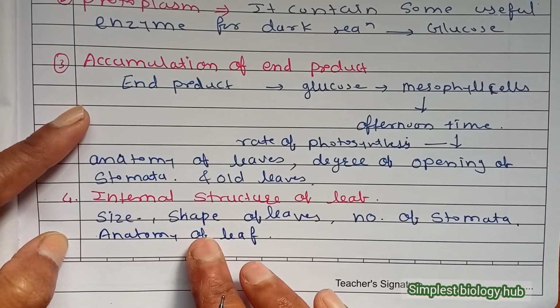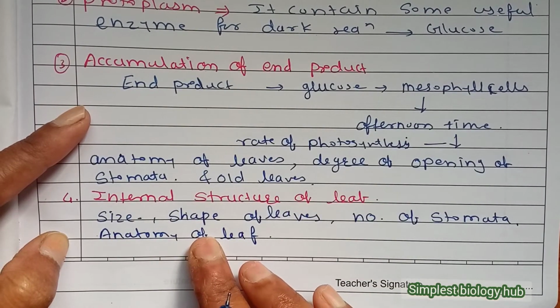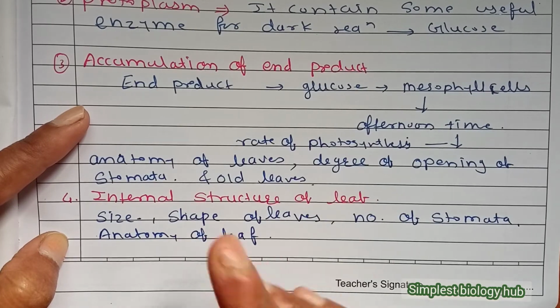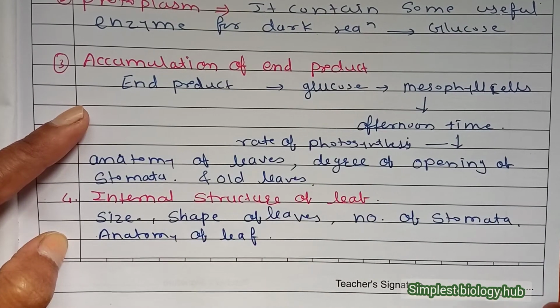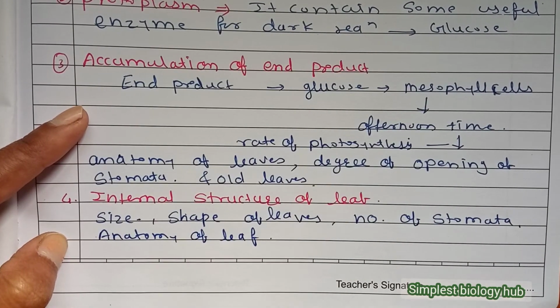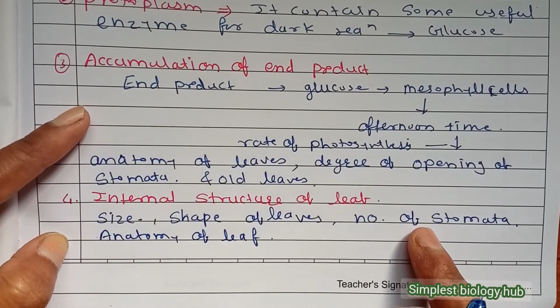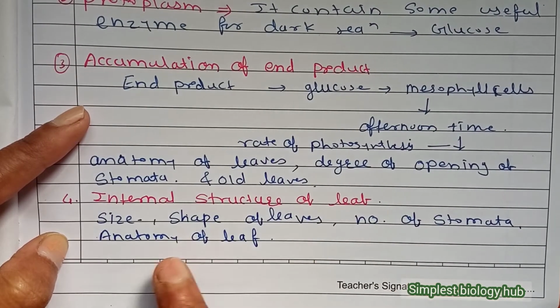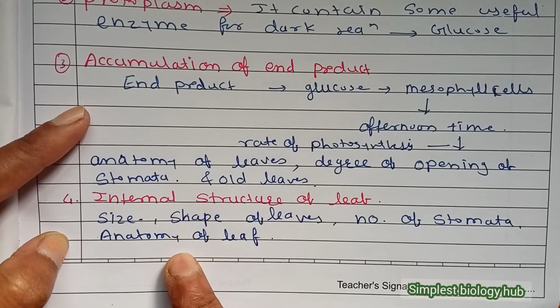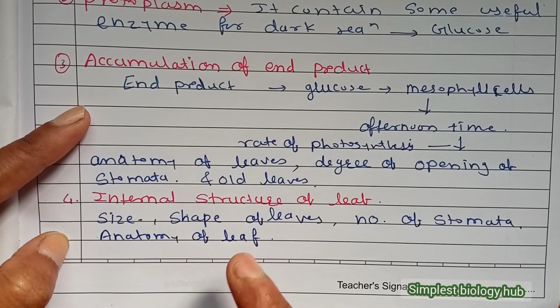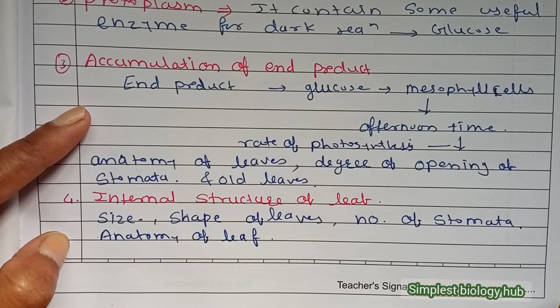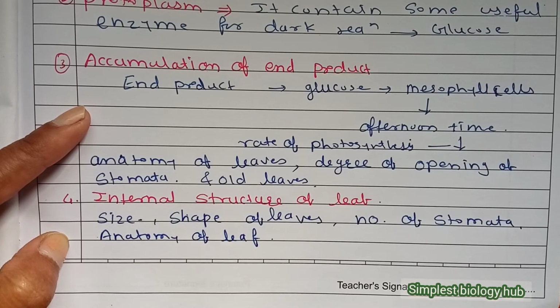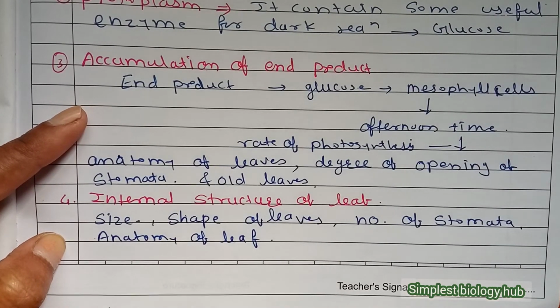If the size and shape of the leaves is small, then the rate of photosynthesis is small, and when it is big, then the rate of photosynthesis is higher. If the number of stomata is more, then again the rate of photosynthesis is high, and if they are fewer, then it becomes low. Anatomy of leaf: we already talked about C3 and C4 plants. There are some differences between their anatomy, so the rate of photosynthesis in these plants is also affected.